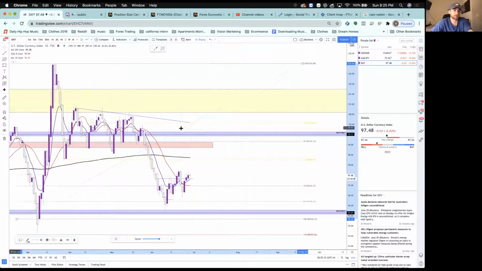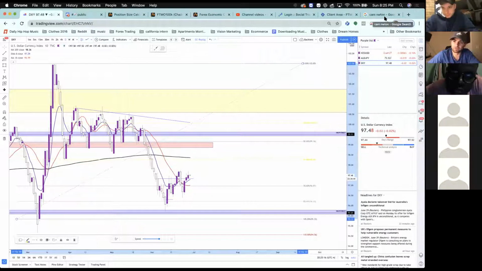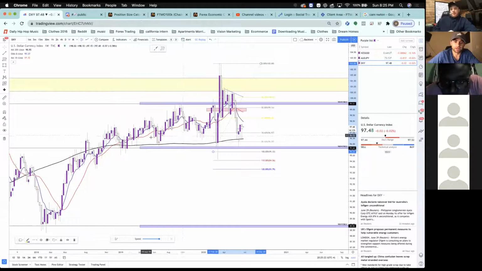DXY again, guys, is testing a significant level right now. But keep in mind on the weekly time frame, we're at this low right here. We're finding a lot of exhaustion off this level. Whether we just continue to ascend from here is yet to be seen.